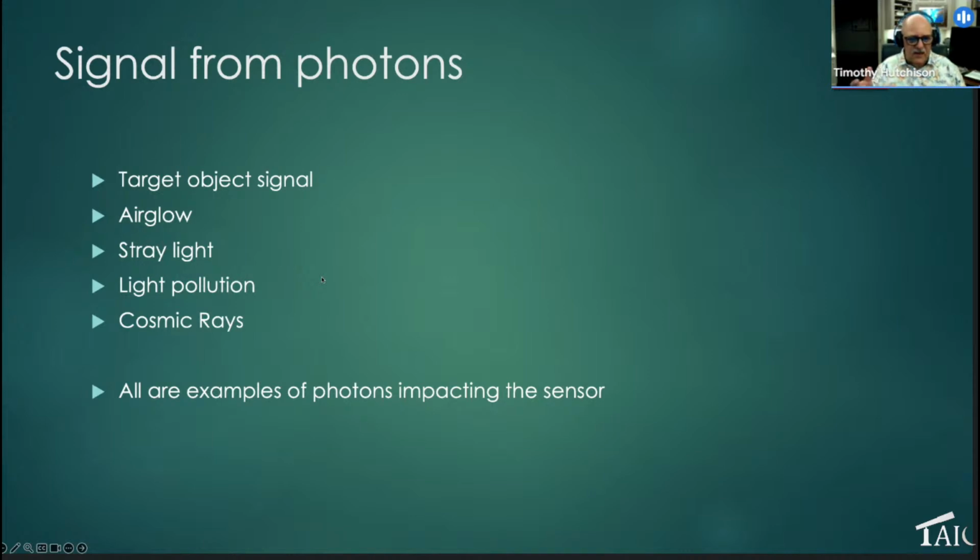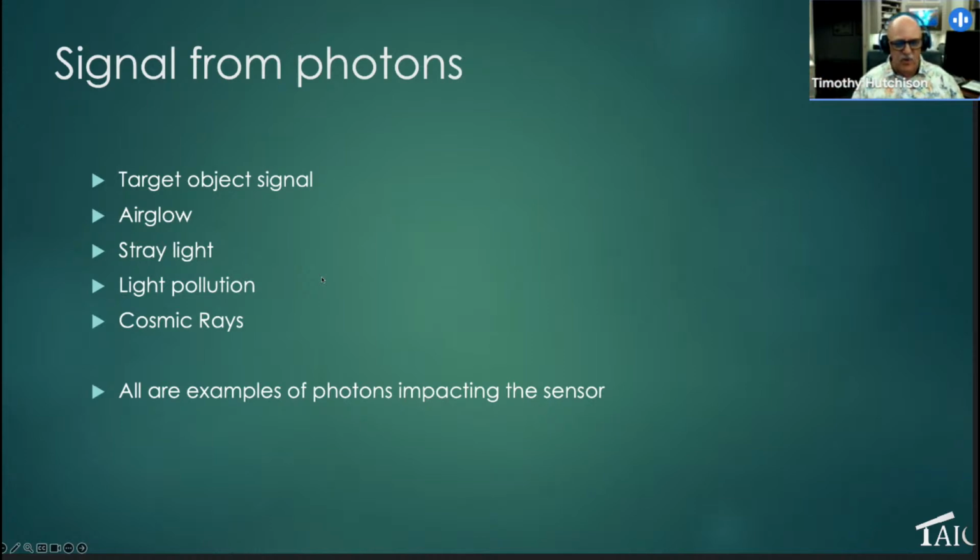We have stray light. If we have stray light coming in from a street light or what have you, your neighbor's porch light, or reflections in our telescope, we have stray light that'll cause signal there. Light pollution is one that we're going to spend some time talking about tonight, but the light pollution causes a certain number of photons to impact that sensor. And cosmic rays, right? All of these are examples of photons from the outside world smacking into that photodiode and causing current, right?